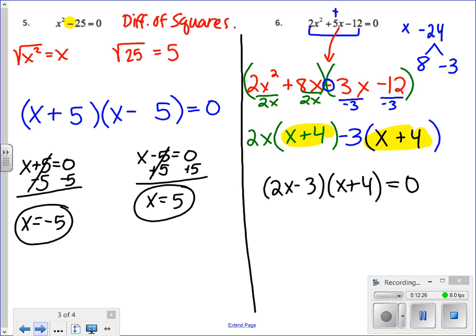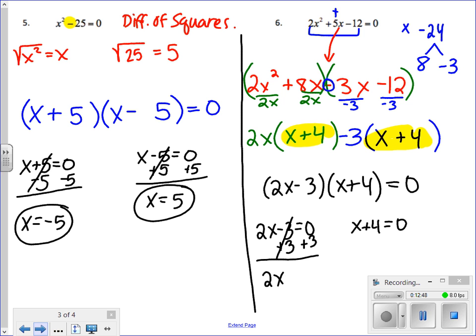Now that it's factored, I set the whole equation equal to 0 and then use the zero product law to find each root. The zero product law says I take each factor and set it equal to 0. When I solve for x, that's going to give me the solutions to the quadratic. So I'm going to add 3 for this left one.